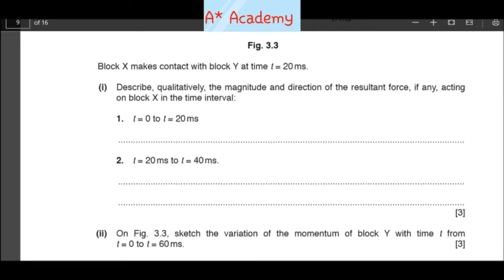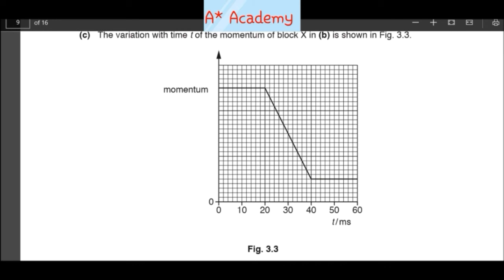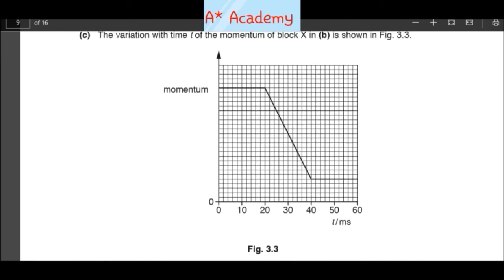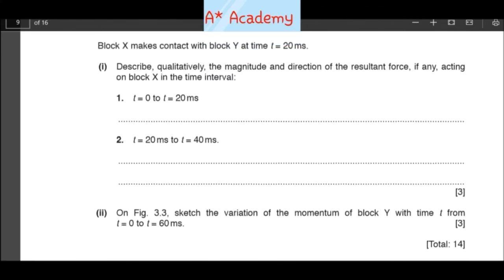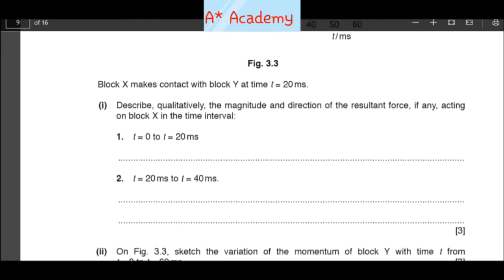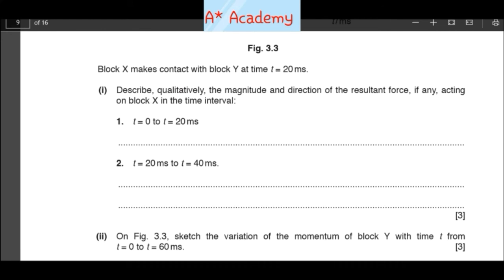Now, the resultant force acting on block X is 0 for the first 20 milliseconds. Why? Because there is no change in momentum, which means there is no change in velocity, which means acceleration is 0, which means the resultant force is 0. So for the first 20 milliseconds, we can write resultant force is 0.